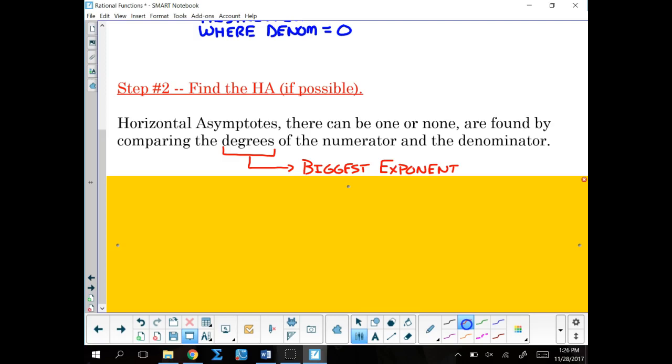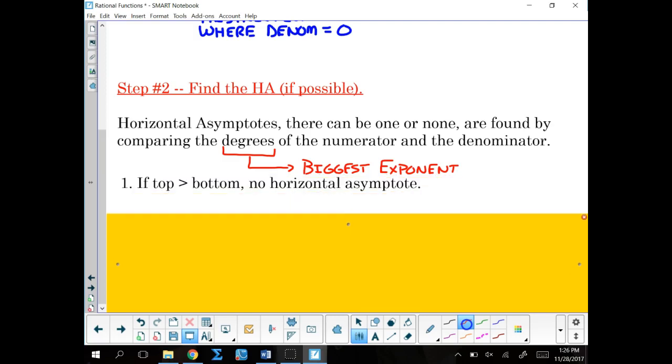Okay? So, option number 1 says that the top degree is bigger than the bottom degree. If that's the case, where the numerator degree is bigger than the denominator degree, there is no horizontal asymptote. So for instance, 7x cubed over x minus 4.